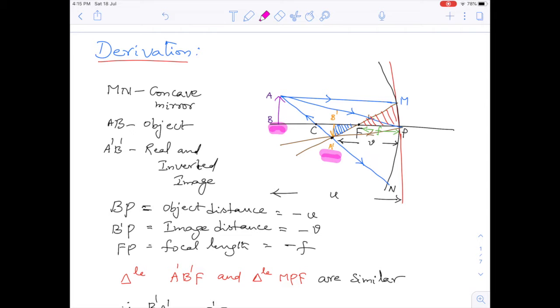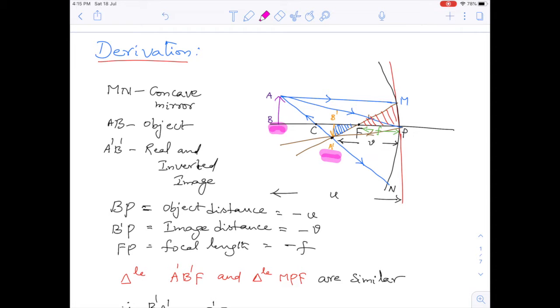Therefore, this image is real and inverted. MN is the surface of the concave mirror. We have considered P as the pole, F as the focus, and C as the center.